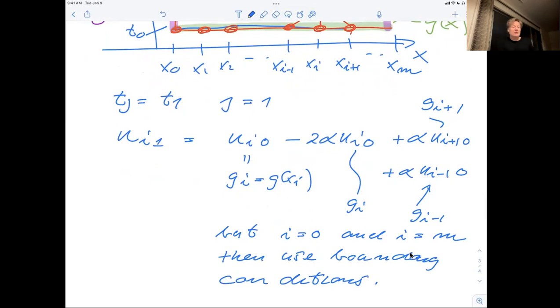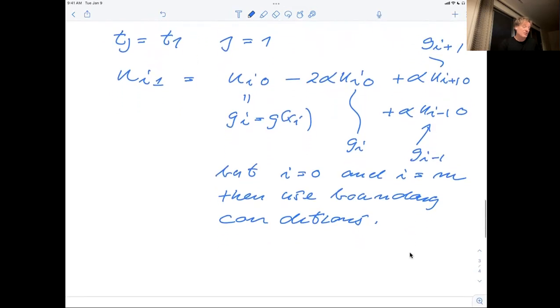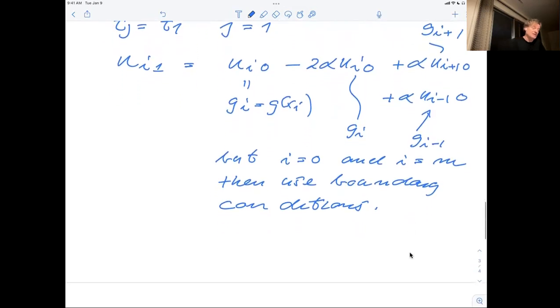Now, this type of equation which you have here can be converted into a matrix vector type of equation. And let's now see how we can immediately recognize this as a vector matrix type of equation. So if we now look at the equation which we have, we can rewrite this in a more compact form.